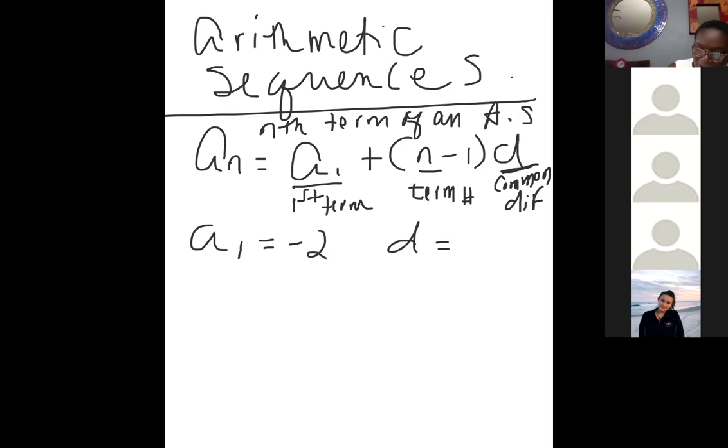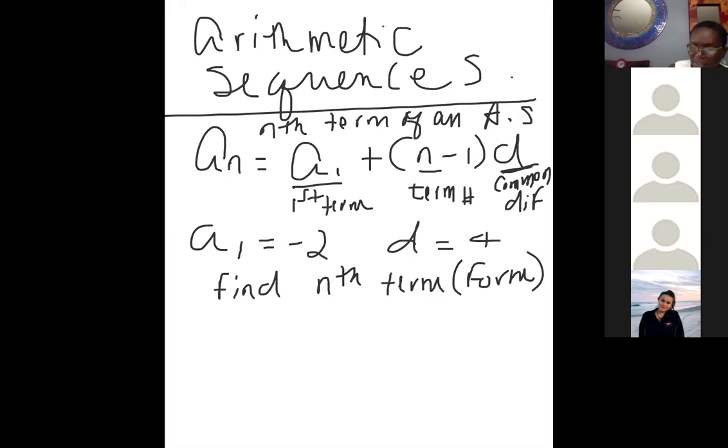All right, this one, rather than finding a specific term, they want us to find the nth term. In other words, they want us to come up with a formula to calculate any term in the sequence. And then I'll do one with a specific term in a minute. So they give you the first term, they give you the common difference. So you want to find an nth term formula, a general formula to calculate any term in this sequence.